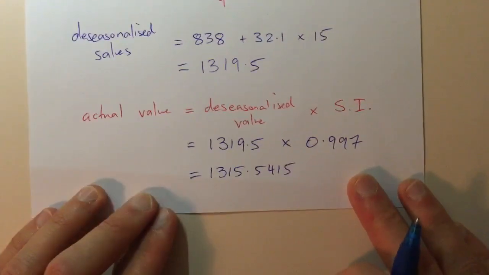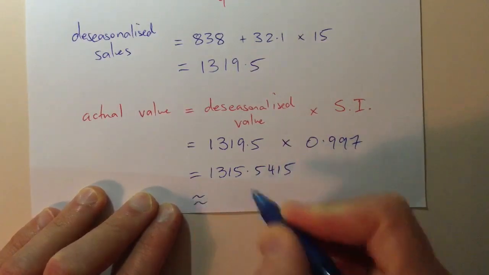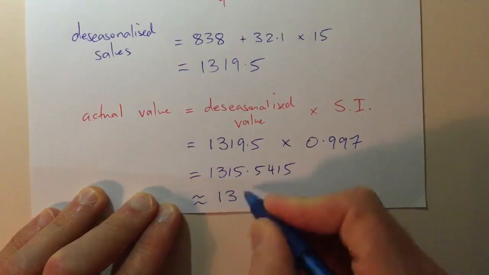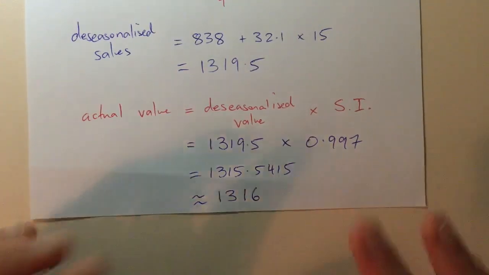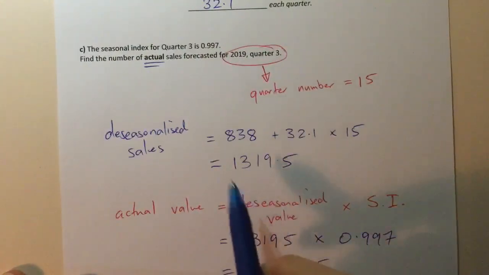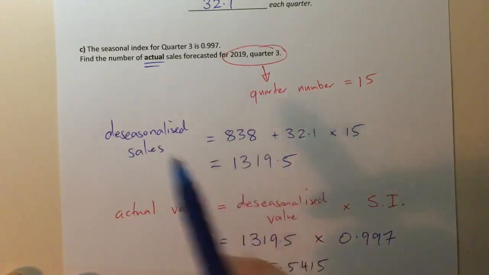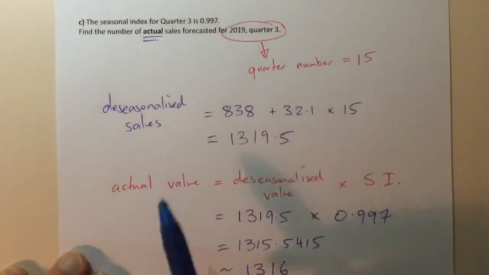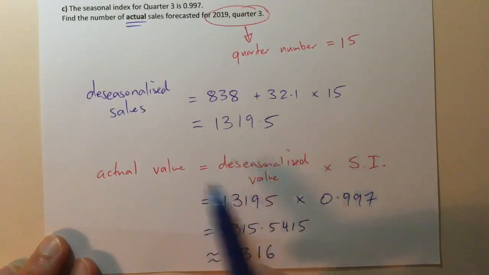Let's assume that it did, because all the other sales figures were given as whole numbers. So let's say that it's 1316 to the nearest whole number. But I hope the idea there makes sense. So this was a tricky question. We had to do two things. We had to make a prediction using the regression equation, but then because this was a deseasonalized forecast value, to get the actual value, we've had to apply this formula here that we used in 6D.